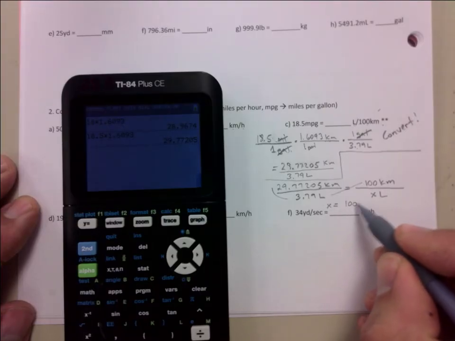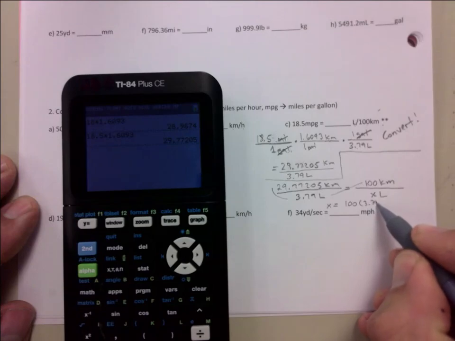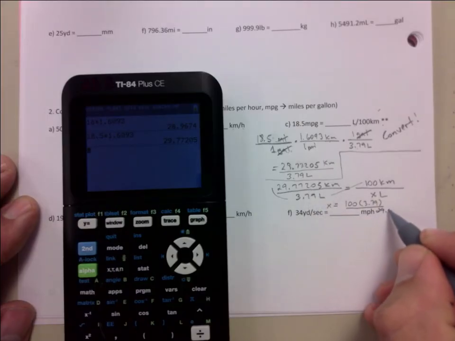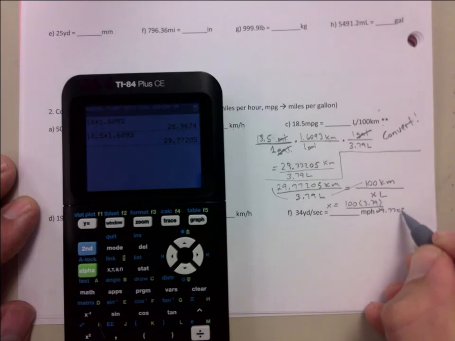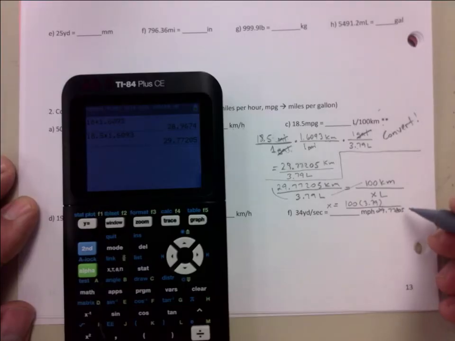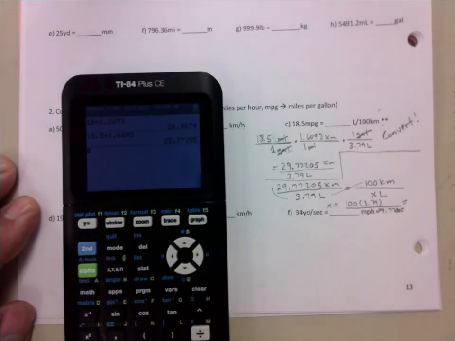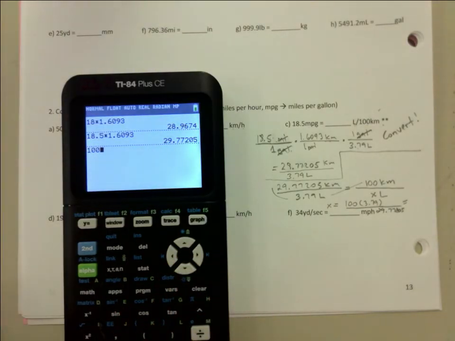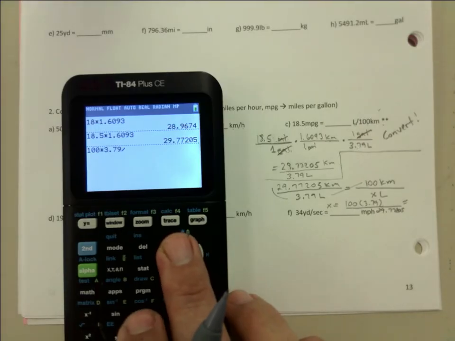So it's 100 times 3.79 divided by 29.77205. Yikes, that's ugly. And then we're going to get our answer from that. So I'm going to go 100 times 3.79 divided by, guess what I'm going to do?